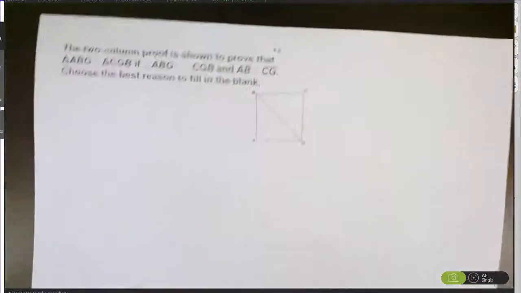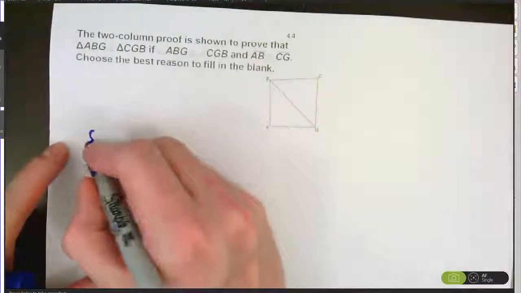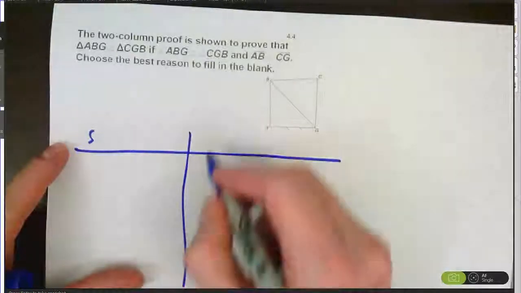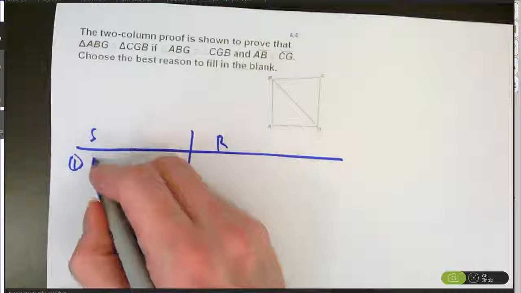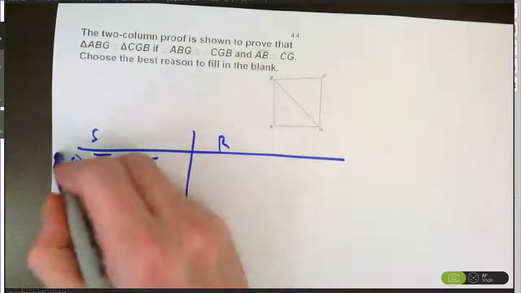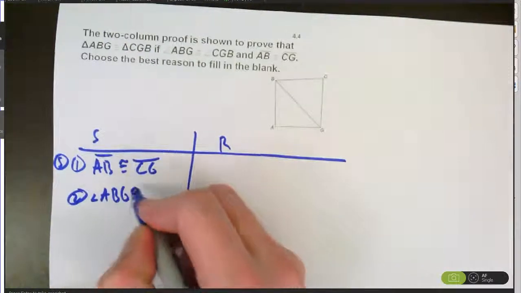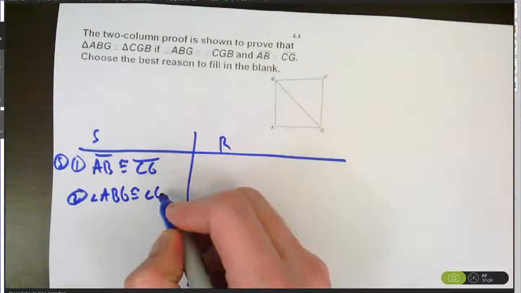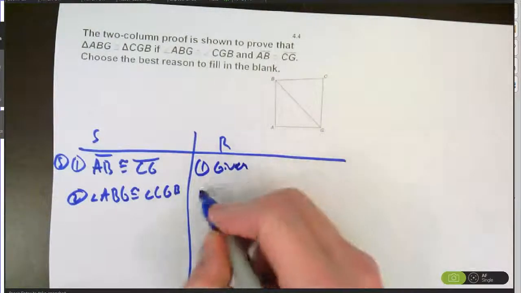Besides writing statements and reasons and your given, I'm going to start with AB is congruent to CG, because that's a side pair, and then angle ABG is congruent to angle CGB. Both of those are given.